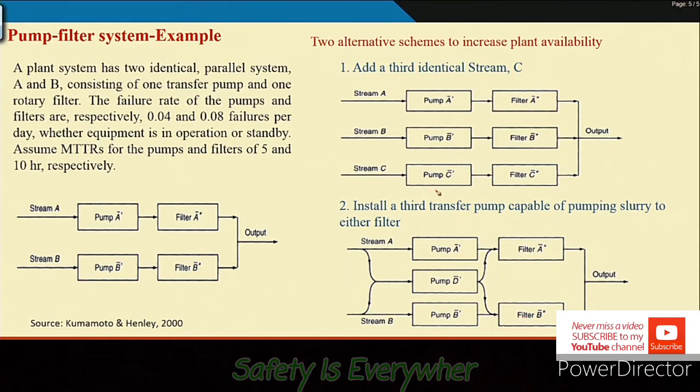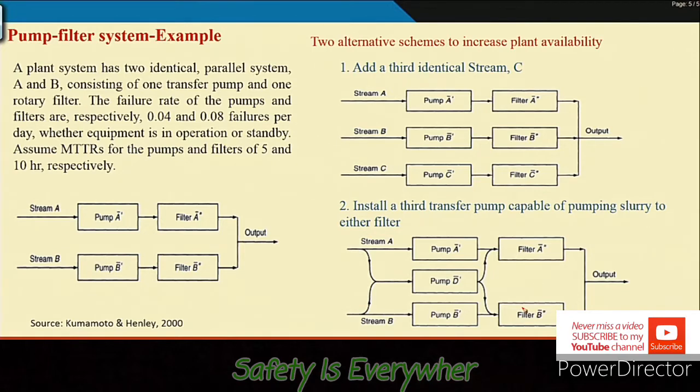So if we include these two alternatives with the existing one, then we have three different choices. One is maintain the status quo, second is add a third identical stream C, and third is add a third transfer pump which is capable of pumping slurry to both the filters.